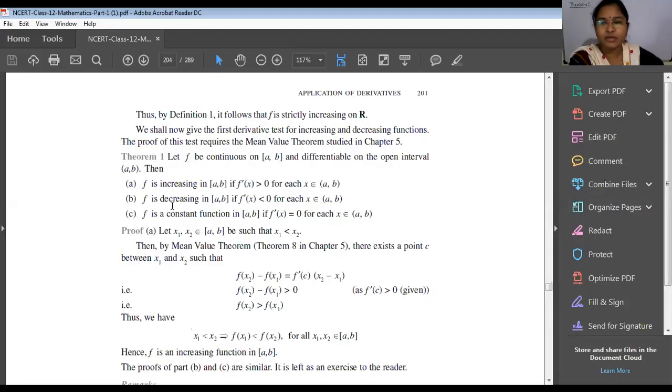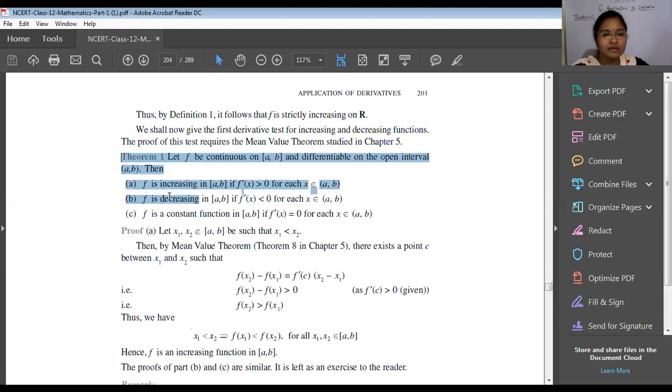Yes, ma'am. I have shared the screen. Are you able to see? Yes, ma'am. Okay. So on page number 201, if you are having the textbook. It is an old copy I am having, maybe the page number will change. Yeah, new copy. So here we are having theorem number 1. Is it visible? Yes. Theorem number 1. Voice please reply. Yes, ma'am.